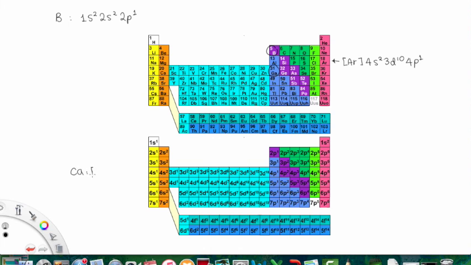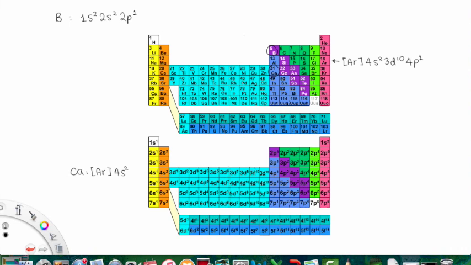Calcium would be, abbreviating again by using argon, which is the one right before, and then it's going to be 4s2, instead of it going into the d shell first. But once 4s orbitals are filled and electrons enter 3d orbitals, around here, then the 3d orbitals become lower in energy than the 4s.